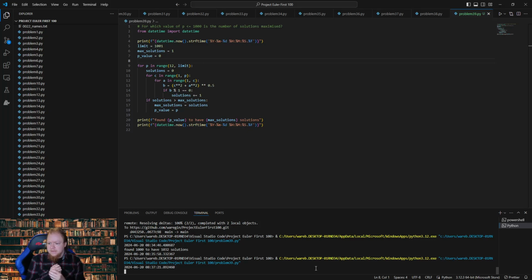And I have a feeling that we're going to want to do this somewhat differently, because I think that we have double counted some solutions here.